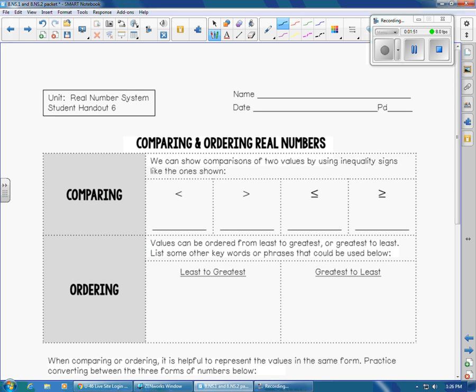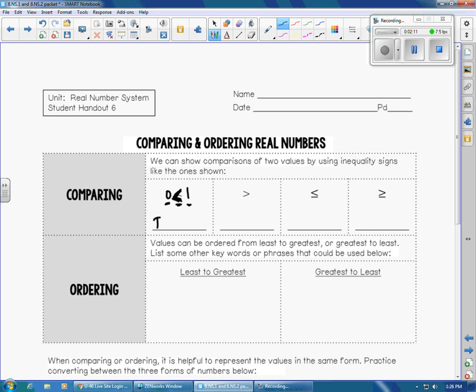So if we are looking at something like this, and I'm just using this as an example, and you don't have to write those in there, but we would say 0 is less than 1 because the point is pointing toward the number that is smaller, and when it's on the left, we're going to say less than.